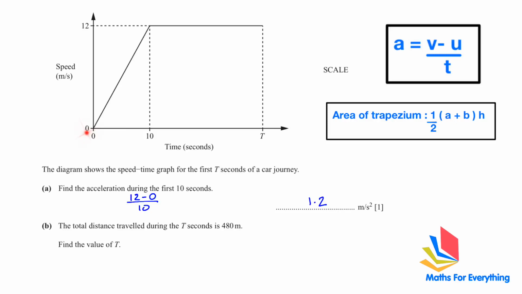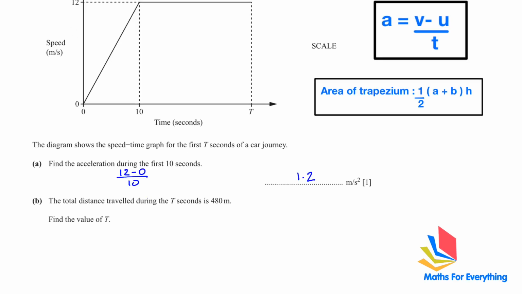A and b are the two parallel sides. H is your height. So let's write this down. Area has been given to us. It is 480. So 480 is equal to half. And what is our a? This is our a, t.